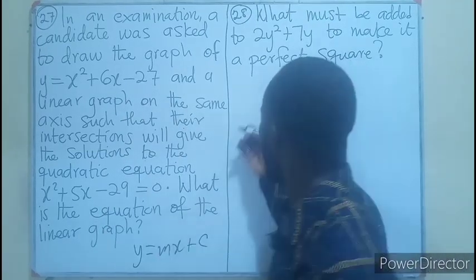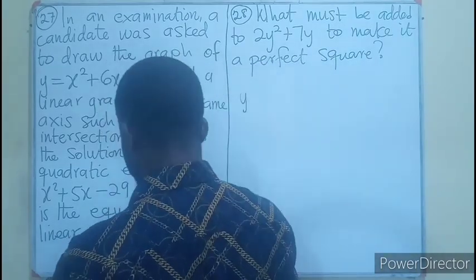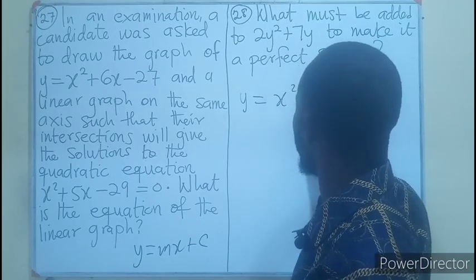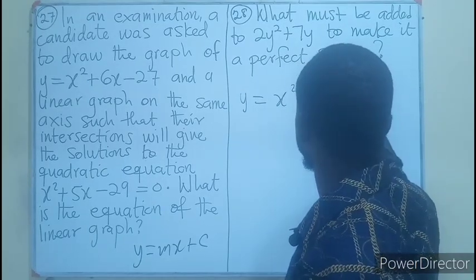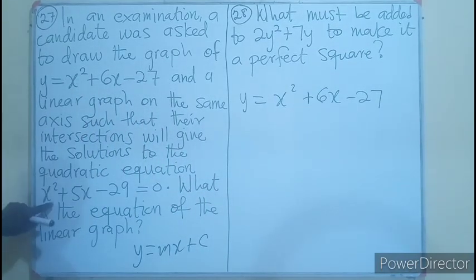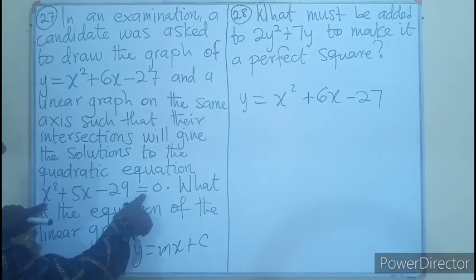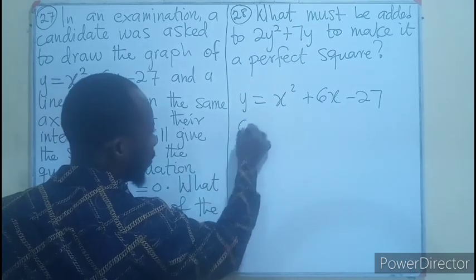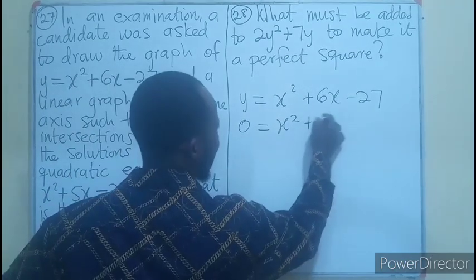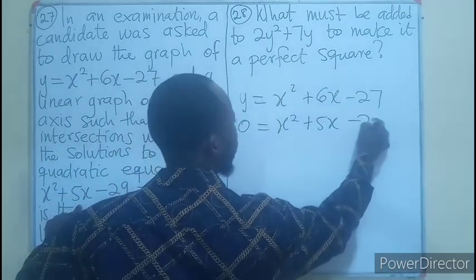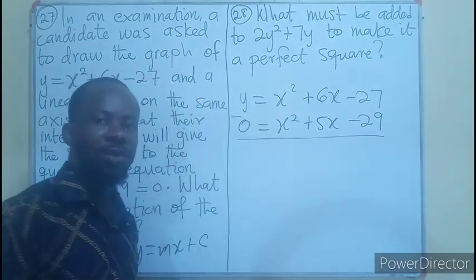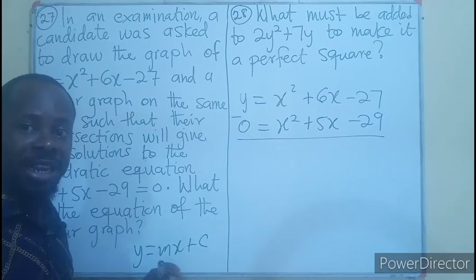I have y equals x squared plus 6x minus 27 as the original. Then I subtract, starting with 0 equals x squared plus 5x minus 29.